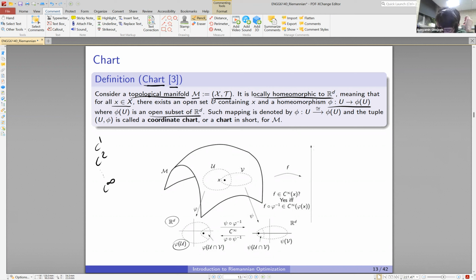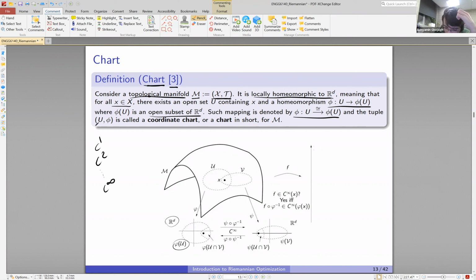There exists an open set U containing X and the homeomorphism phi from U to phi of U. Why is it a homeomorphism? Because this is curvy on the manifold, but here it is flat, so you are deforming it to become a flat thing, where phi of U is an open subset of Rd. Such mapping is denoted by this, and this is the notation of homeomorphism, right?